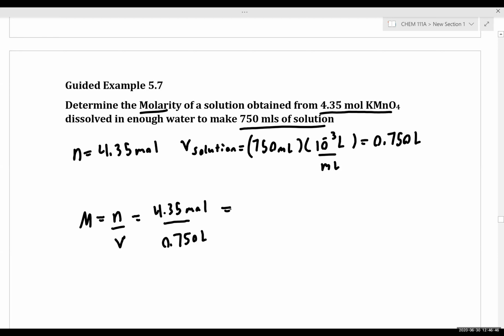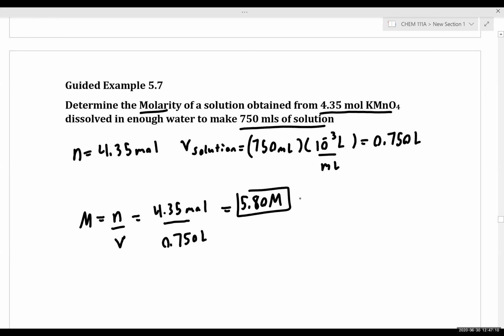Let's get our calculators out and enter that in. So we have 4.35 over 0.750, and that in turn gives us a molarity of 5.80 molar.